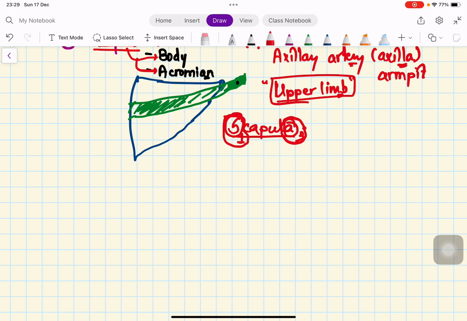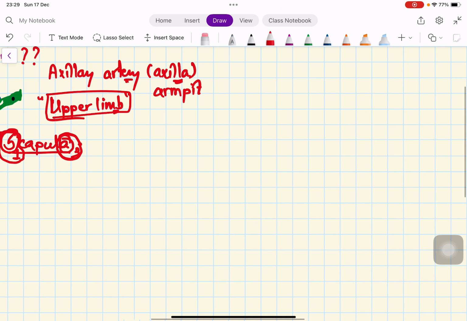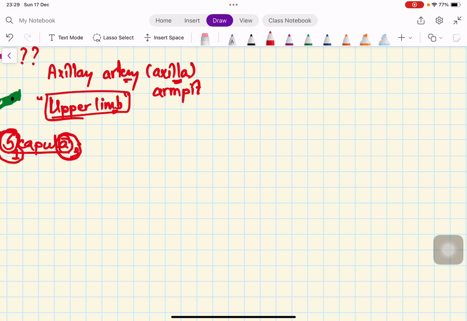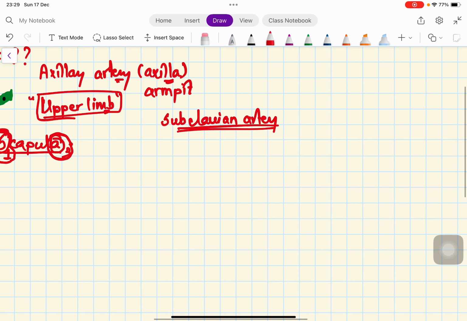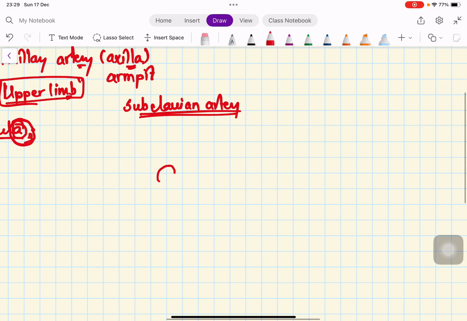First of all, I would like to give you the schematic diagram of the subclavian and the axillary artery. What is the subclavian artery? I want you to understand every single thing without leaving anything. If this is my heart, nice heart, and this is my ascending aorta, this is my arch of aorta, and here you go, my descending aorta.